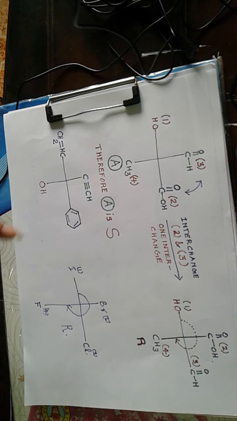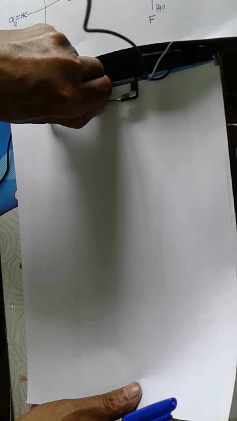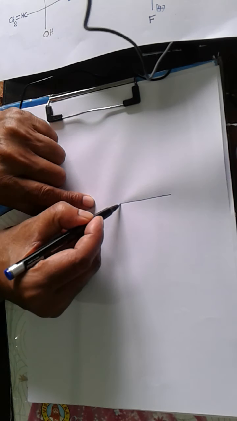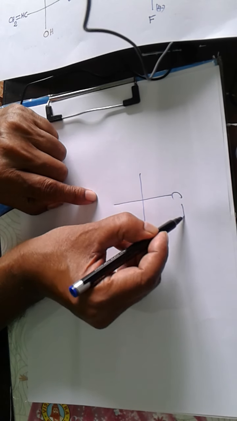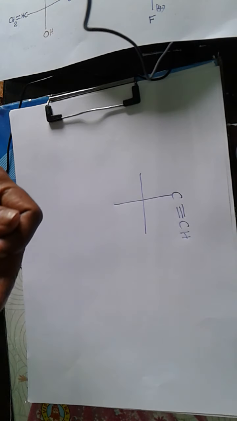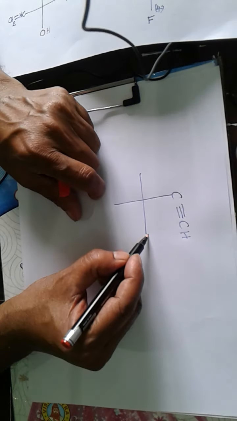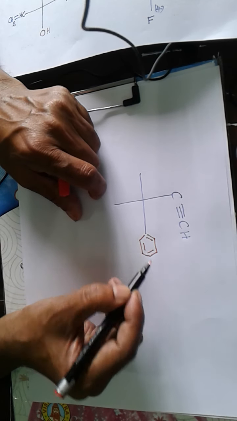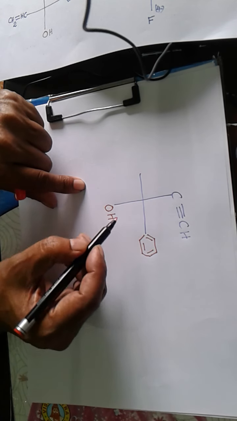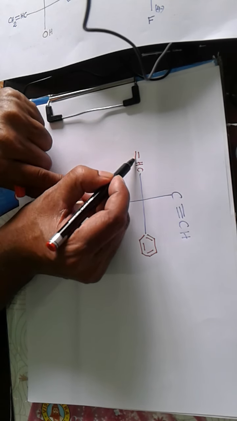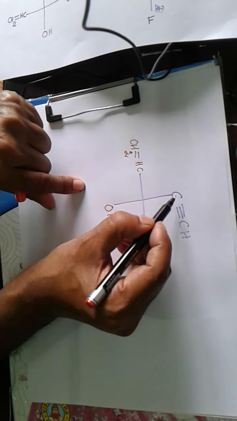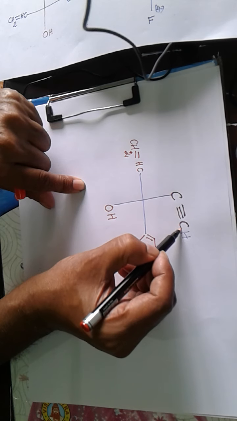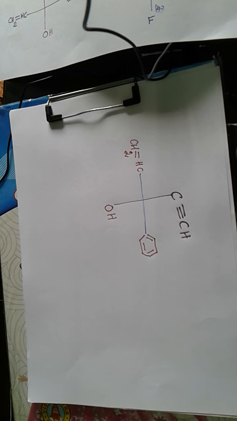Now the second example is given. I shall write it once again. You have to assign priority to the groups.